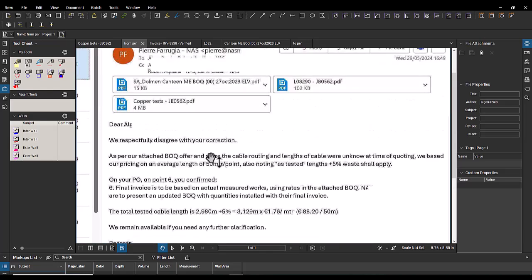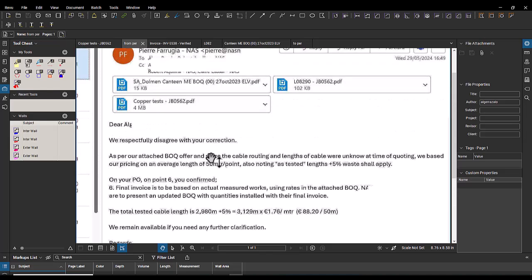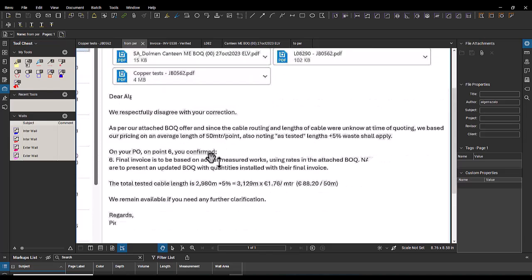Contract BOQ should be contract BOQ, otherwise you have to consider it as a variation. If you don't agree with something, you have to consider it as a variation, to be approved by us.